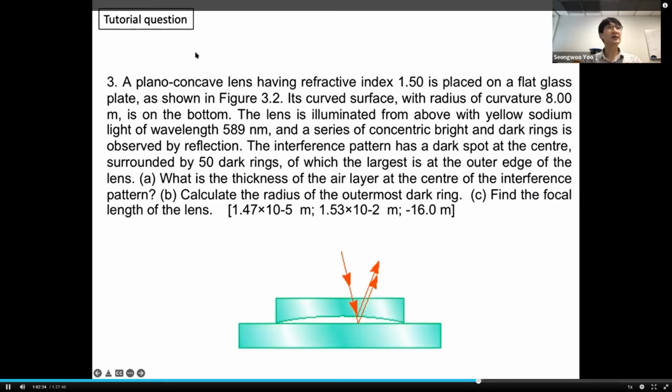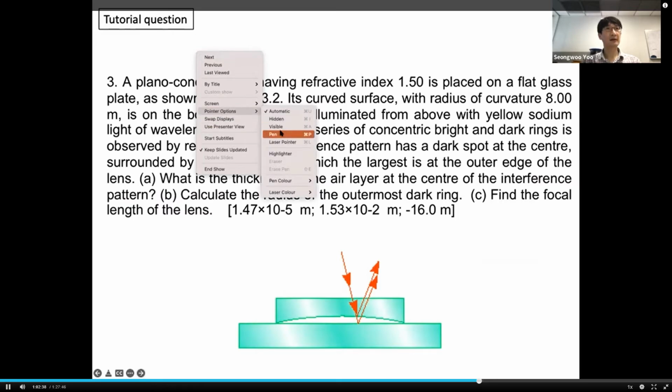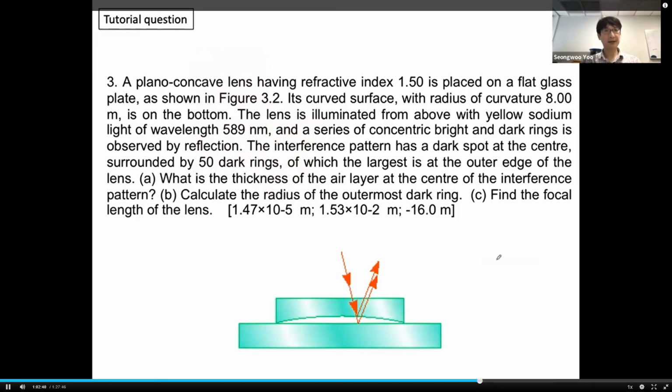Now, this is one of the tutorial questions again. Let me repeat this, the variation of the thickness. Here we are given a diverging lens, and the two interfering waves are already illustrated in this diagram.